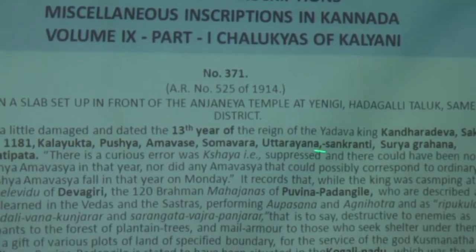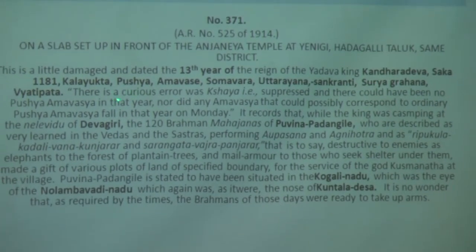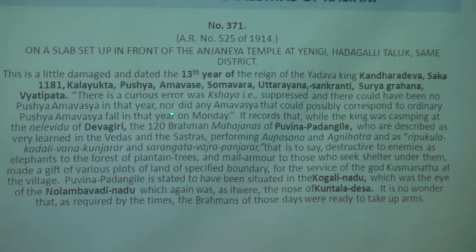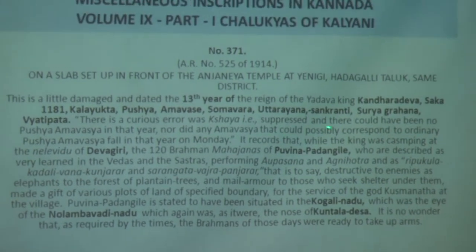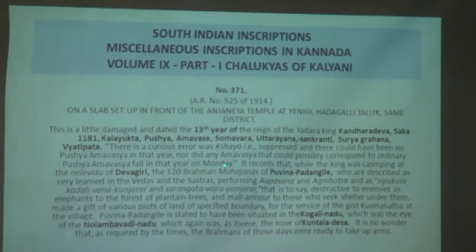It also mentions the day is Uttarayana Sankranti, Surya Grahana, Vyatipata. There is a curious error: a Kshaya was suppressed, and there could have been no Pushya Amavasya in that year, nor did any Amavasya that could possibly correspond to the ordinary Pushya Amavasya fall in that year on Monday.